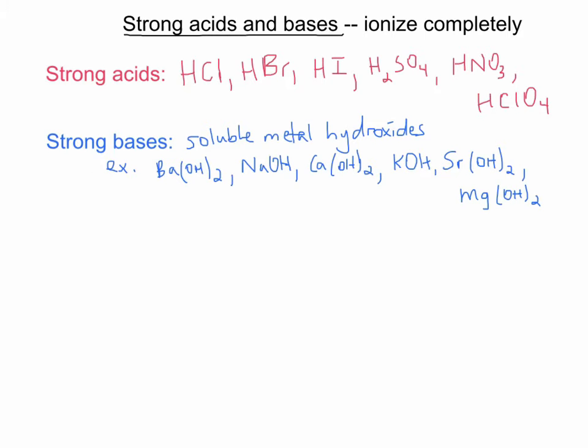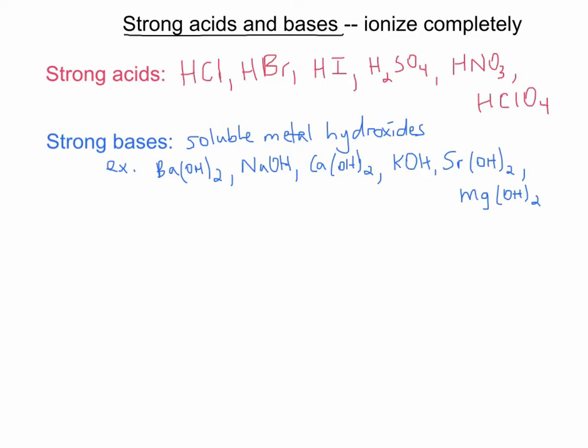Strong acids and bases ionize completely. What that means is that they break up into their ions. For example, HCl, which is a strong acid, is going to break up completely into H+ and Cl-, meaning it ionizes completely when it's placed in water. Strong bases are soluble metal hydroxides, meaning metal hydroxides that dissolve in water, and here are a bunch of examples.